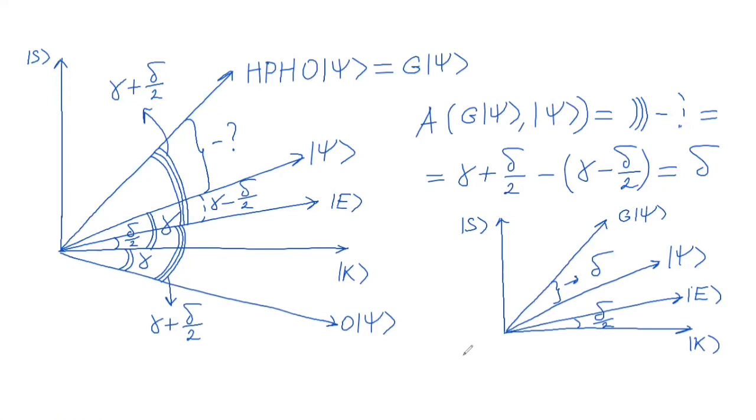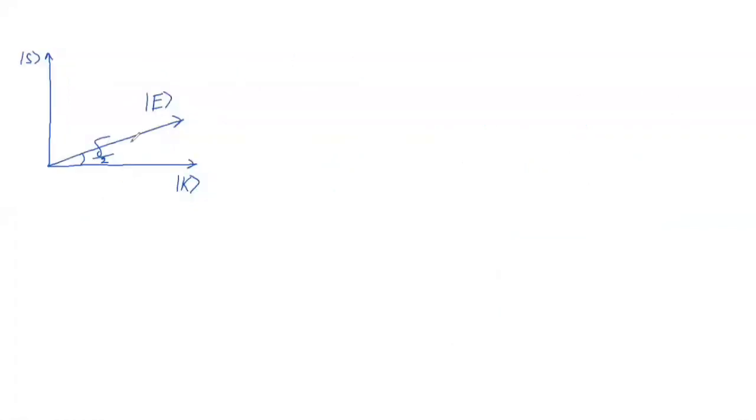So the question, of course, is, do we know what delta over 2 is? And the answer to this question is yes, and we will see that in a moment. To find out the value for angle delta over 2 or angle delta, we will use the definition of the equal superposition state.